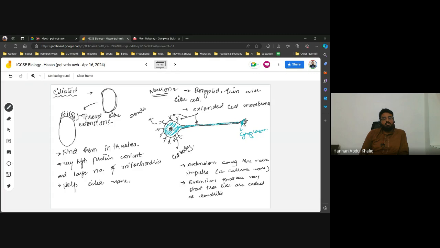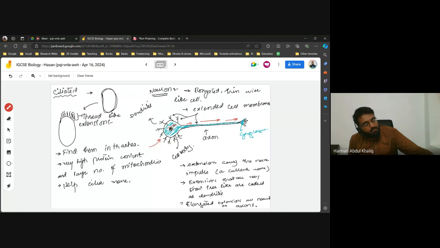And elongated extensions are named as axons. So this is an axon. The current is received on dendrites, moved through the cell body and taken away by the axon.